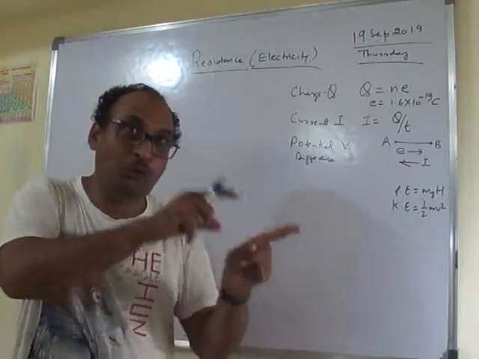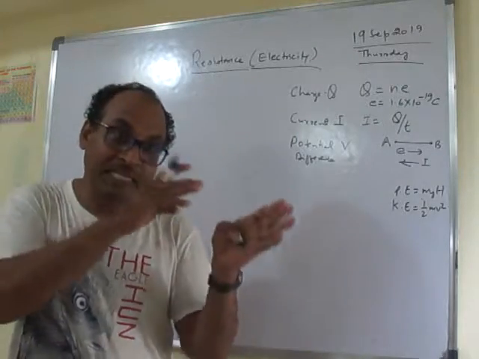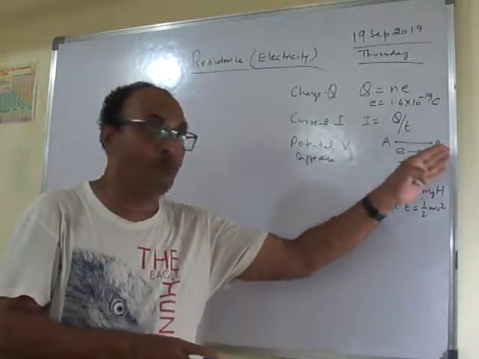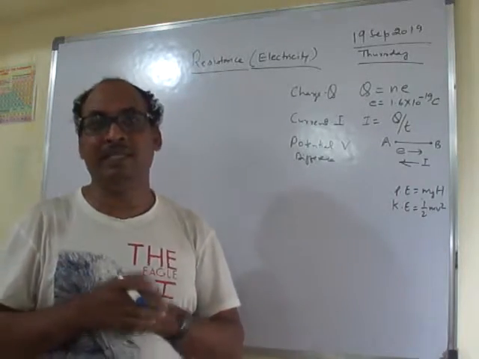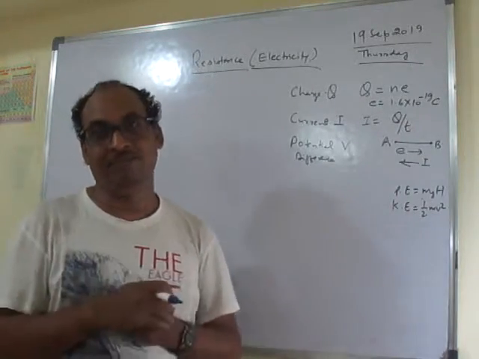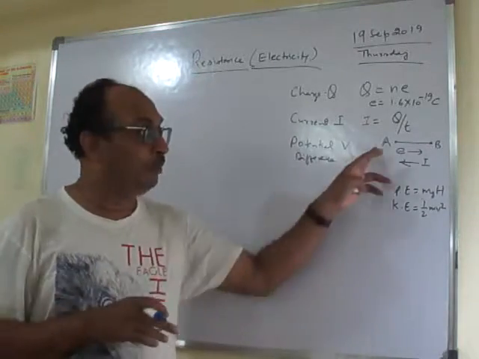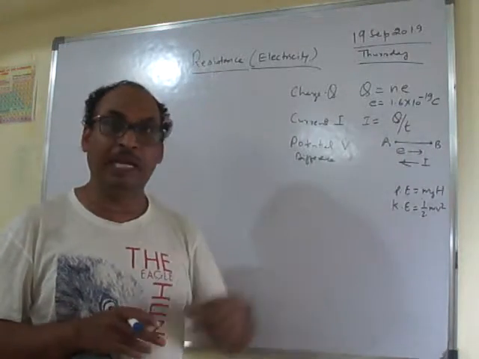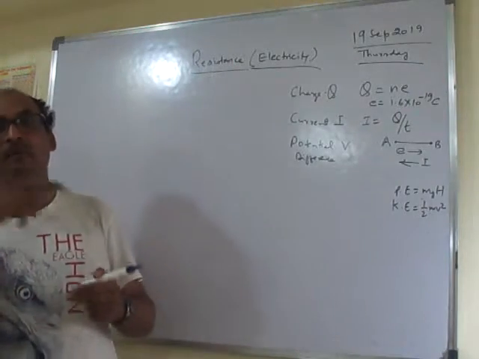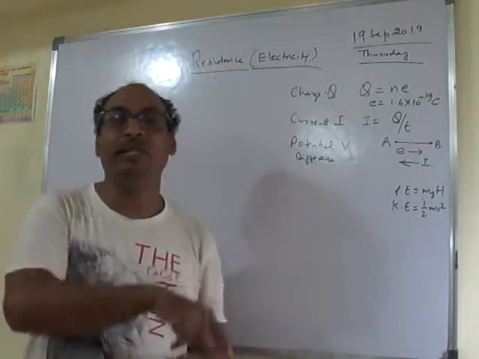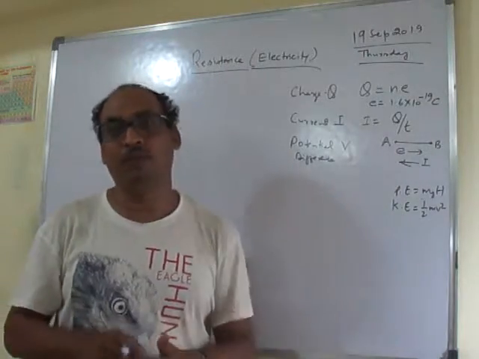If this movement of charge is taking place from point A to point B, how is this movement taking place? Some work is done. When I say an electron is moving from A to B, it does not move automatically. Some work we need to do, then only it will move from one place to another.